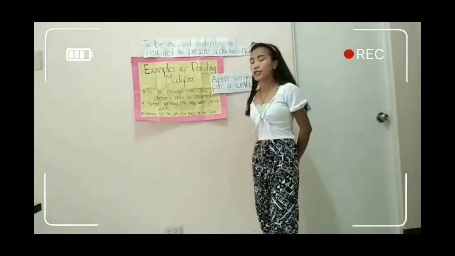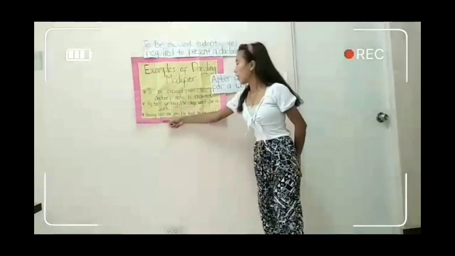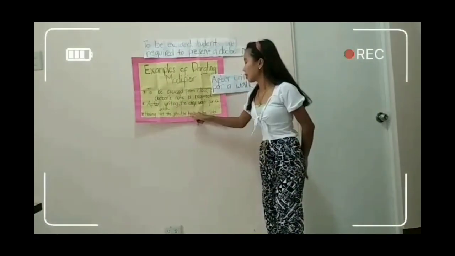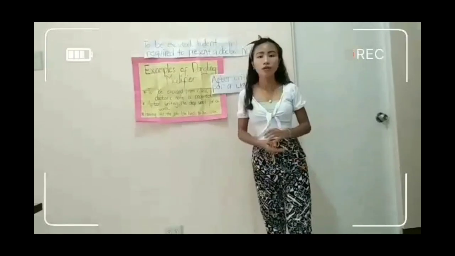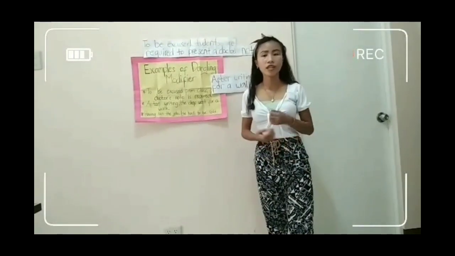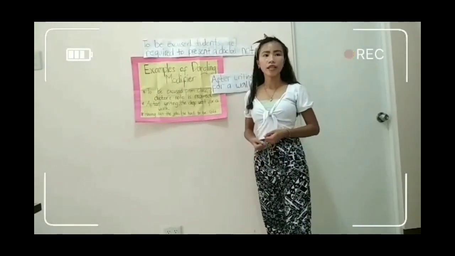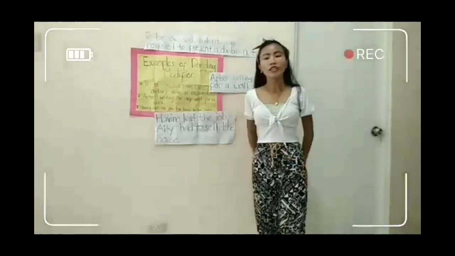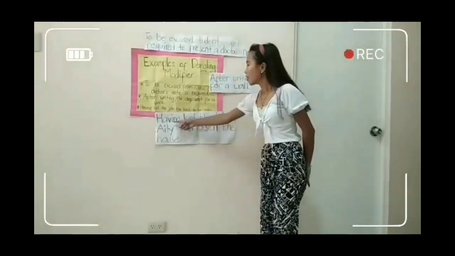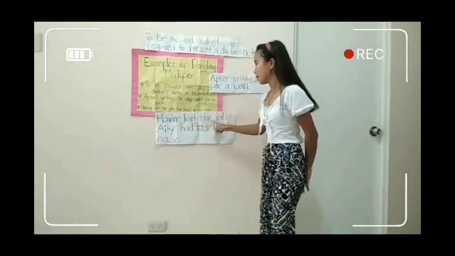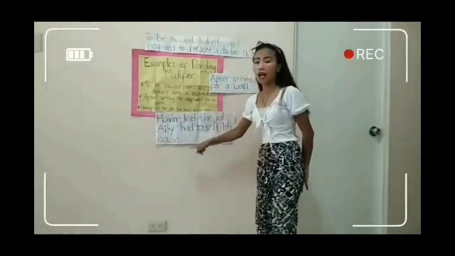Okay, now let's proceed to the third example. Having lost the job, the house had to be sold. The house can't lose the job, so there's nothing else to modify the sentence. To correct it: having lost the job, Ivy had to sell the house.